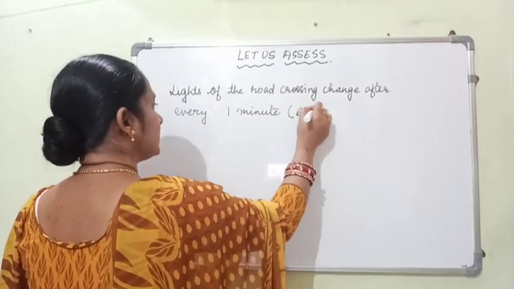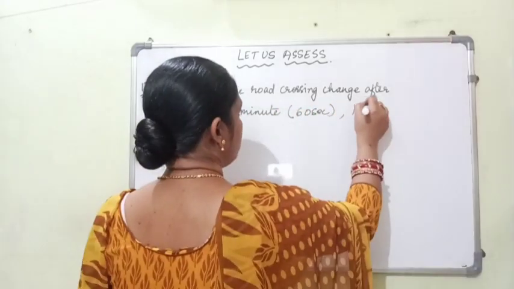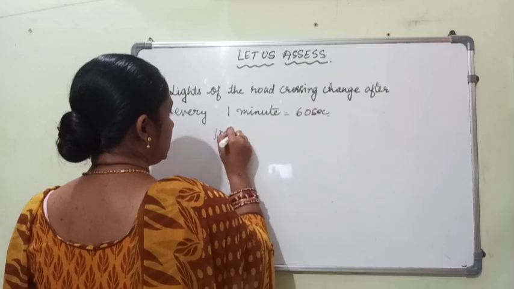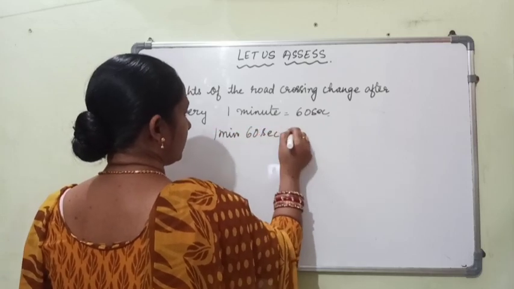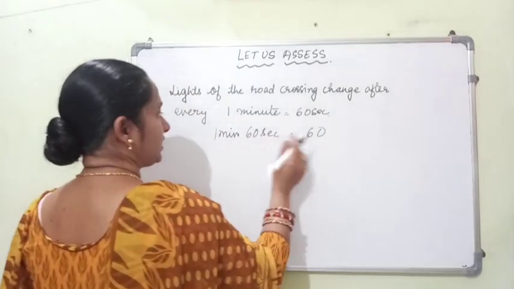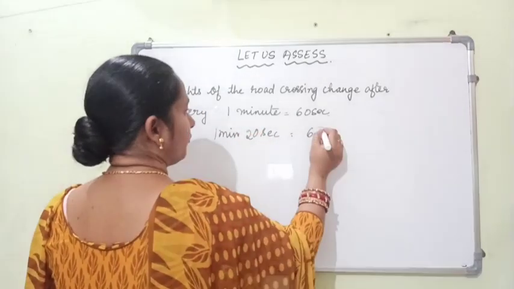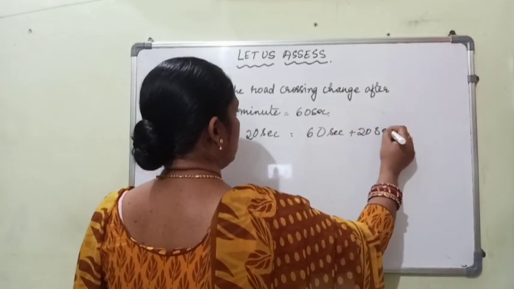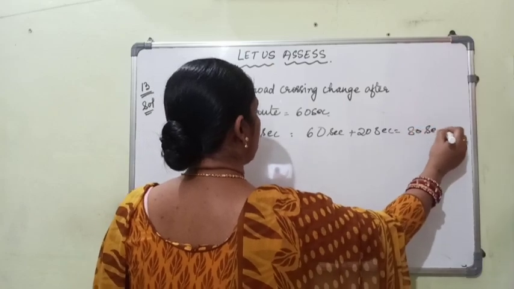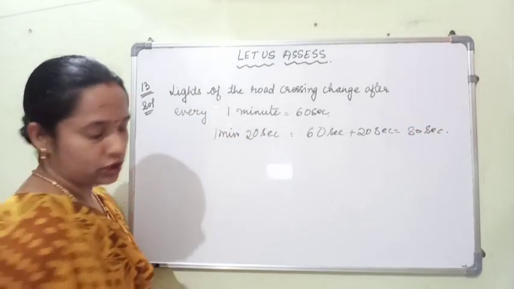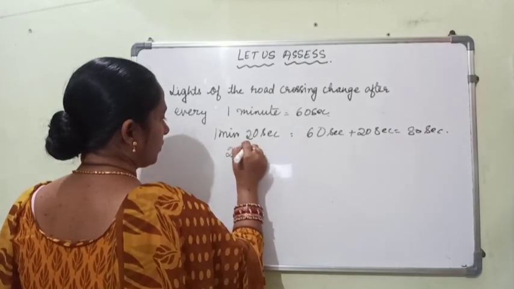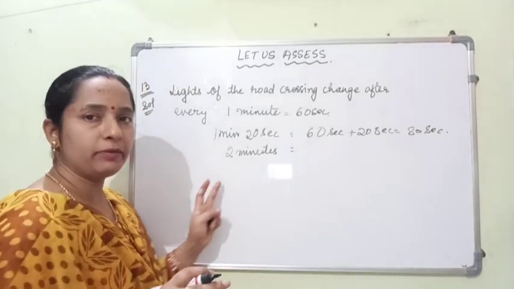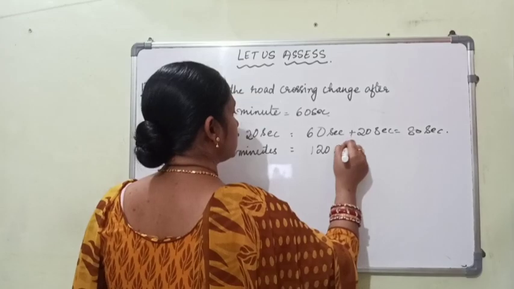This means how many seconds? 60 seconds. Then 1 minute 20 seconds is 60 seconds and another 20 seconds, that is total 80 seconds, right? Then 2 minutes. 2 minutes means how many seconds? 60 multiplied by 2, you get 120 seconds.